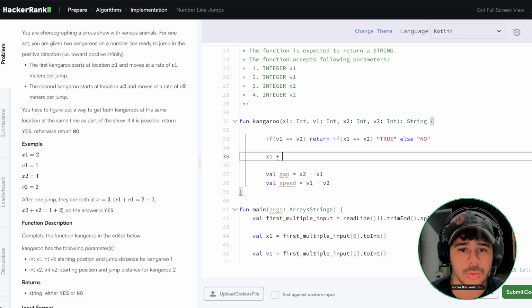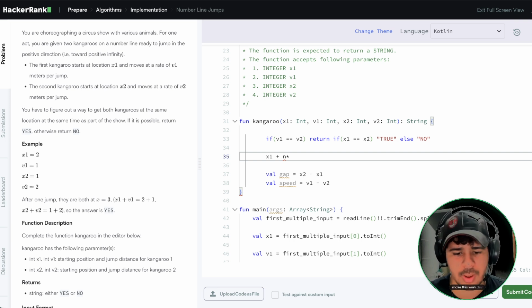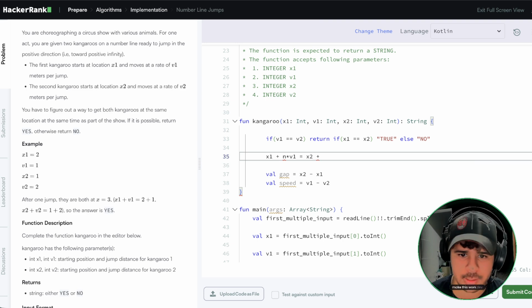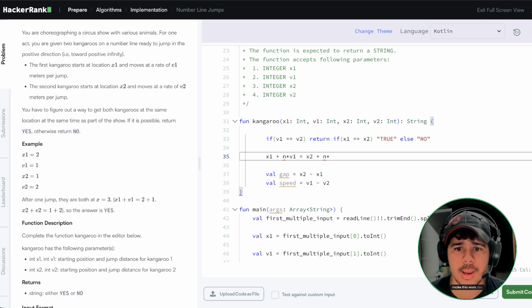So the number of times, times v1. And we're gonna check if it equals, here it's mathematics, it's not programming. This should equal x2 plus n times v2, something like this.